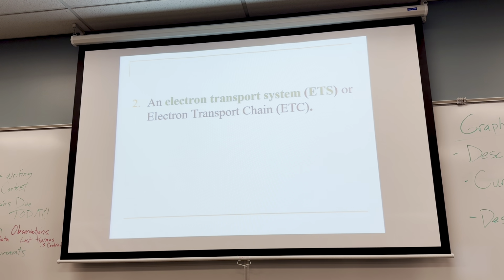Then you have the electron transport system, ETS, or electron transport chain, ETC. And electrons are going to travel across these proteins. They're going to be giving off energy at each step.